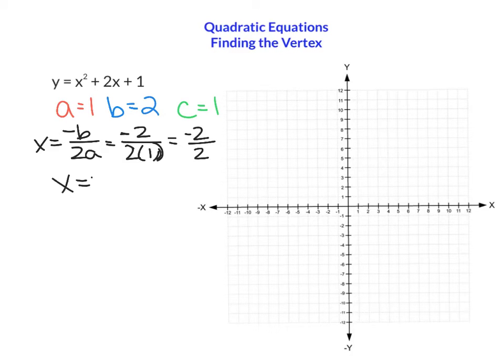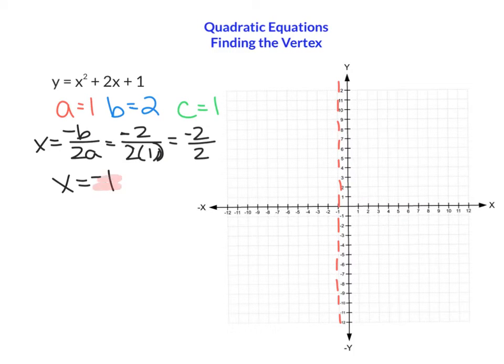And if I simplify that, that means my x value is -1. So I'm going to draw on my graph this axis of symmetry where x equals -1. I know that my vertex is going to lie somewhere on that line.